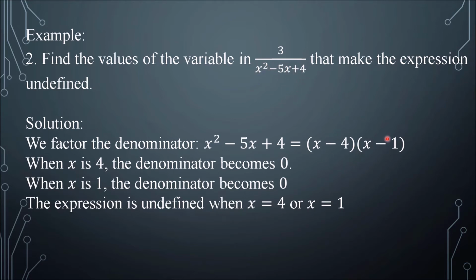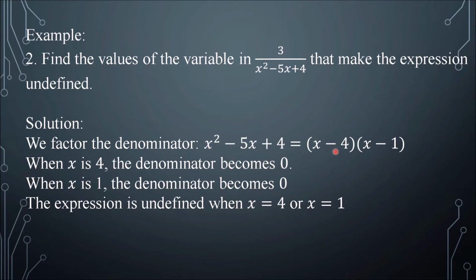So first we factor the denominator, x squared minus 5x plus 4 is equal to x minus 4 times x minus 1. So this is factoring a general trinomial. Factors of x squared, x times x.